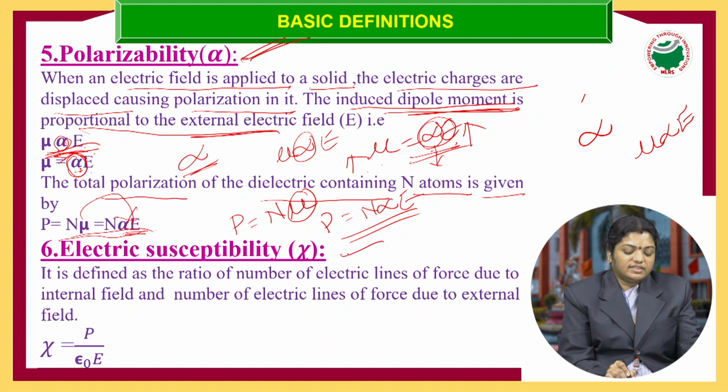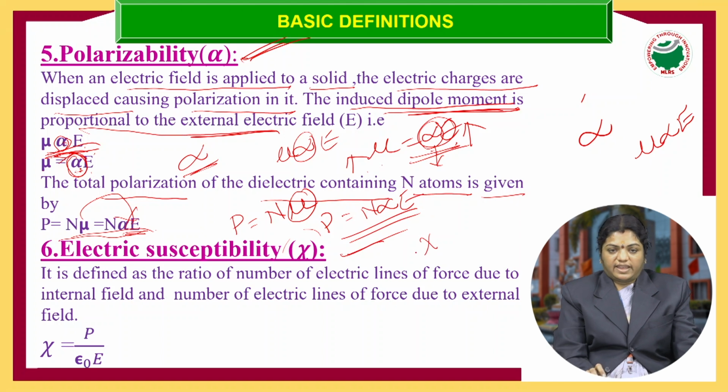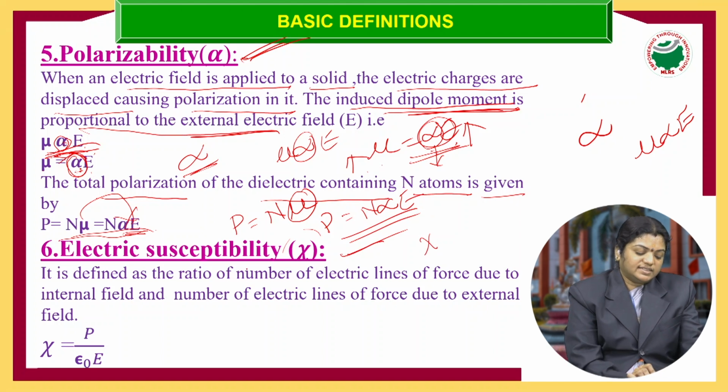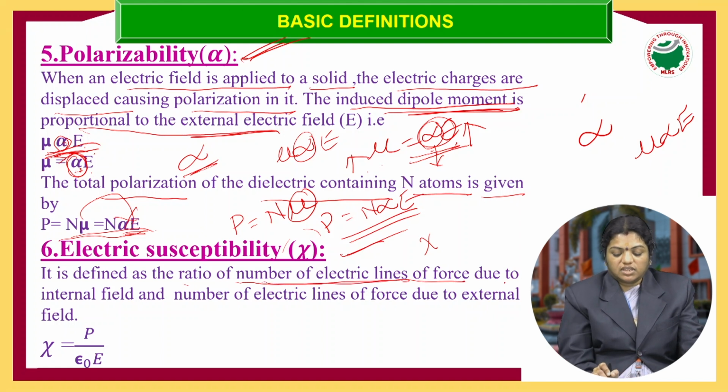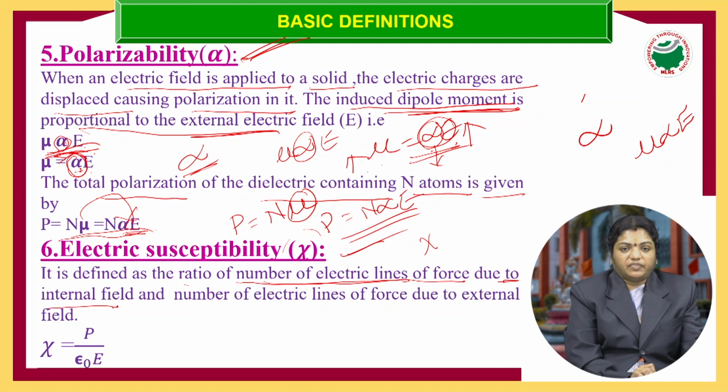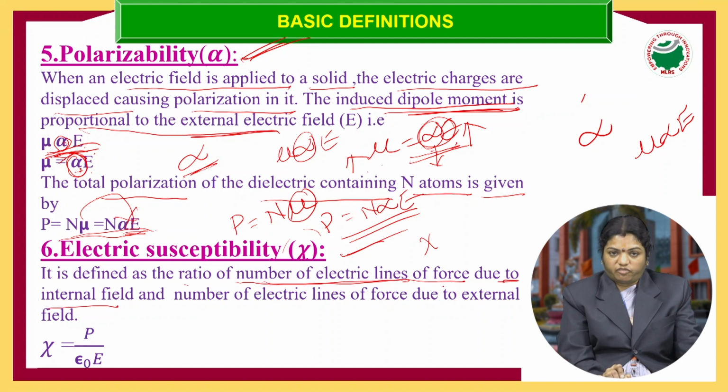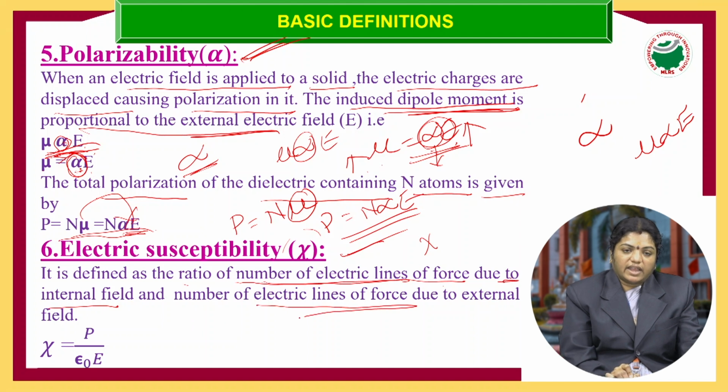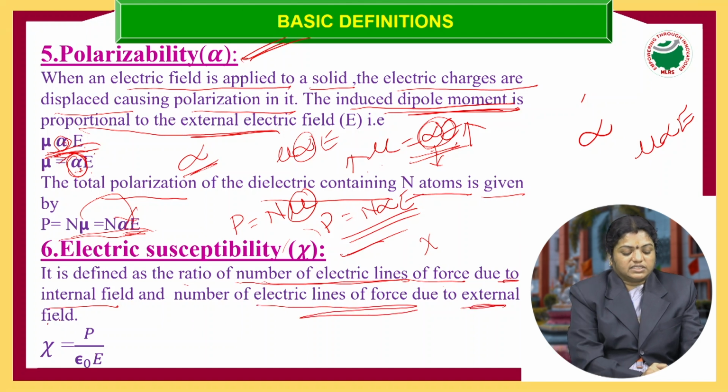And next another one is the susceptibility, electric susceptibility. This susceptibility is indicated by Xi. What does electric susceptibility mean? It is defined as the ratio of the number of electric lines of force due to internal field and the number of electric lines of force due to external field.